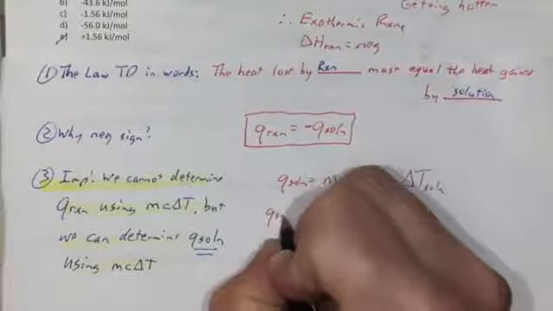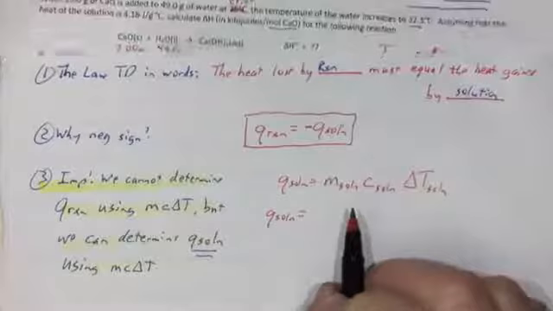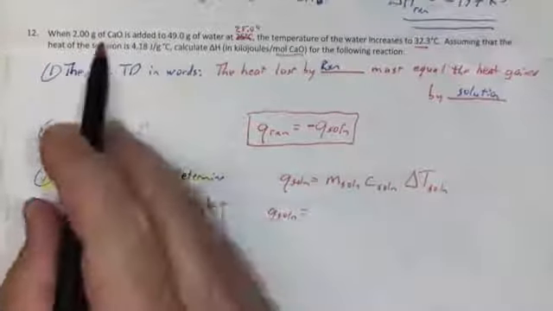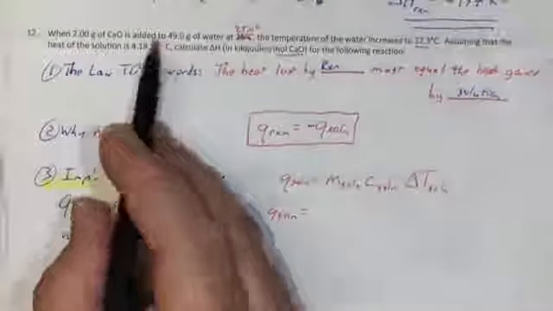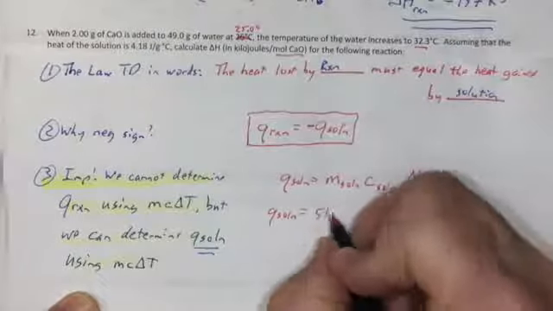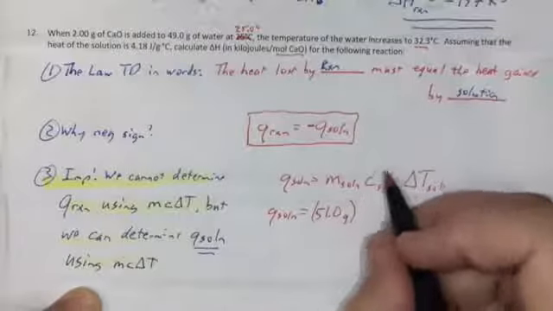Q of the solution is equal to the mass of the solution. Now, as you look at the problem, the mass of the solution is the mass of the calcium oxide plus the mass of the water. 2 plus 49 is equal to 51 grams. So it's the total mass of the solution. What is the specific heat of the solution?